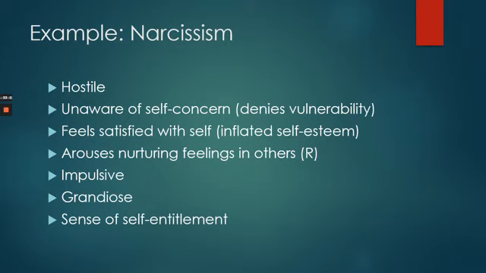I'll generate observational questions from each of these aspects of narcissism. So again, I'm getting that domain coverage. So when you're designing measures, you want to cover the full conceptual definition of the variable.